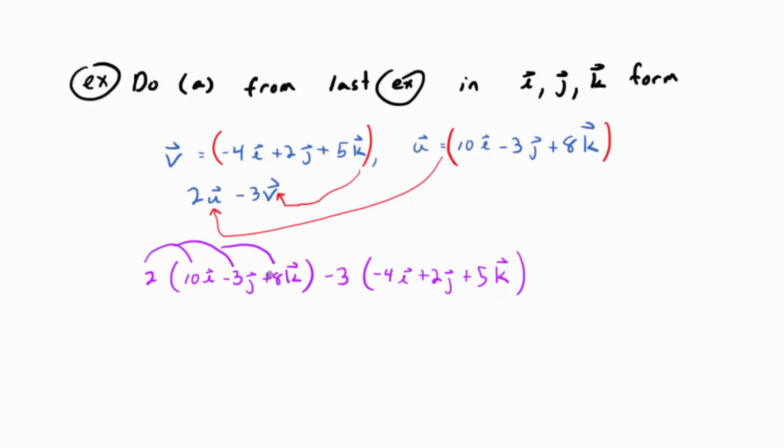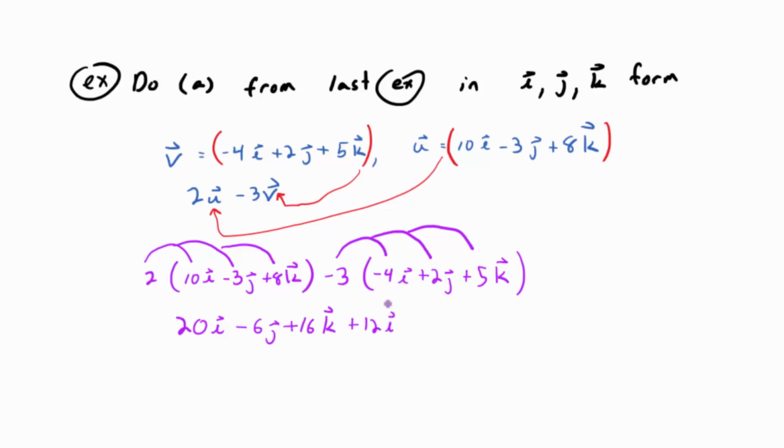Point at all those, multiply them all by 2. 20i, finish it off for me, 20i minus 6j plus 16k, right? You got to include that operation. And then subtract off 3 times that vector. It looks like scalar multiplication, looks like distribution. What do you get? Include the operation.